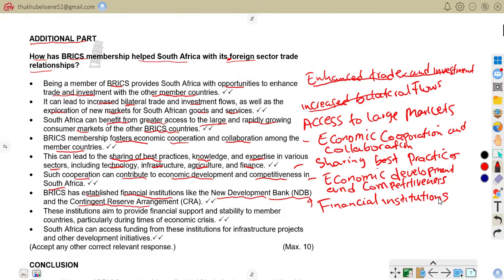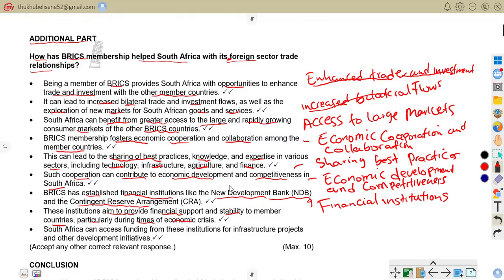As we are saying, the New Development Bank and Contingent Reserve Arrangement provide financial support and stability, offering funding for infrastructure projects and development initiatives. Hope we are together. These institutions aim to provide financial support and stability to member countries, particularly during times of economic crisis.